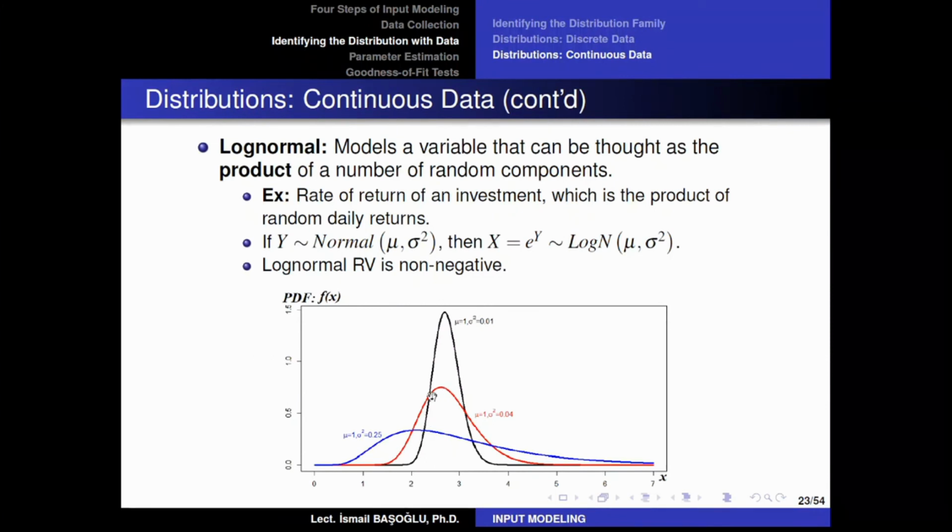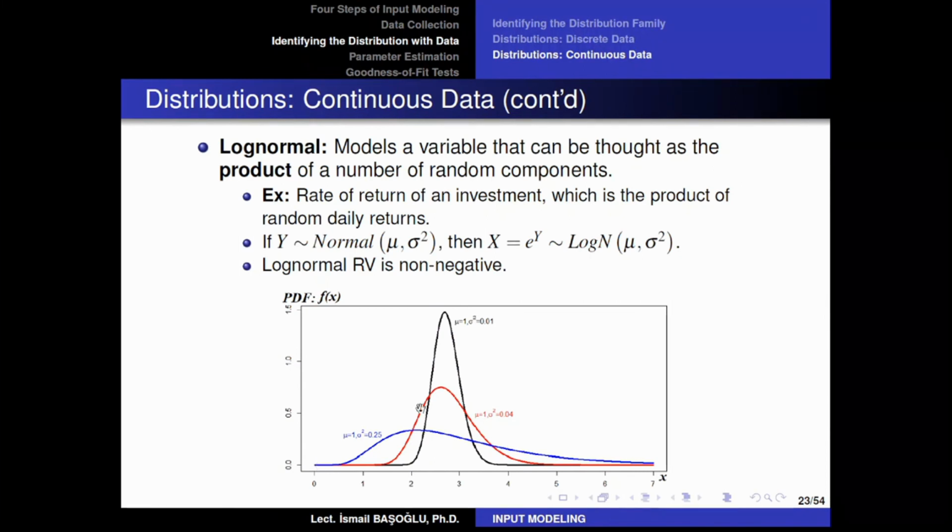Then we have a shape that looks like the normal distribution. However, not exactly like the normal distribution, because as you can see, the right tail here is much more skewed than the left tail, and it converges to 0 in a slower manner. So the log normal distribution is not a symmetric distribution because the left tail ends at 0.